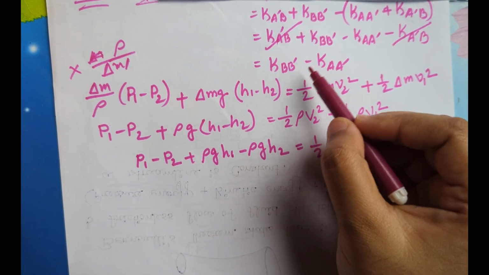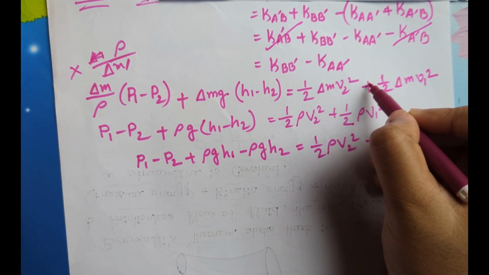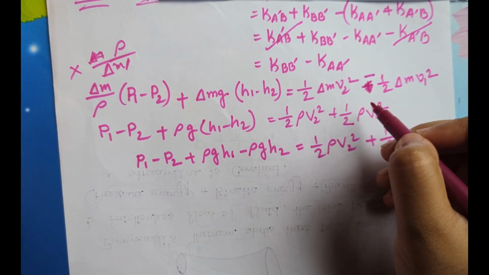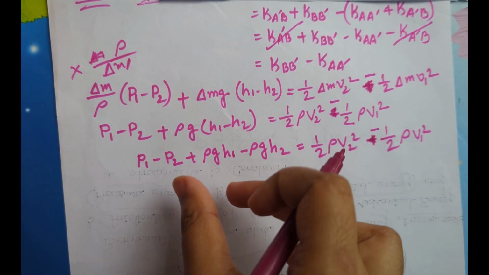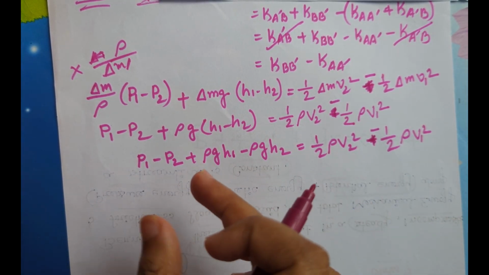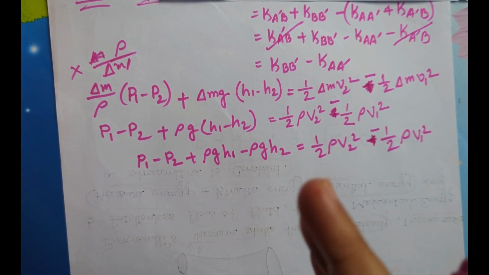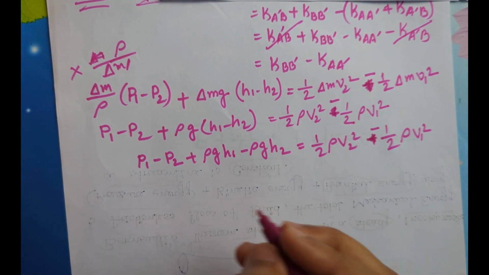Sorry, there will be a minus sign here, so we made a mistake, we have to use the minus sign. Now the v1, h1, P1 portion will be on one side, and the v2, h2 portion will be on the other side. We will rearrange it.